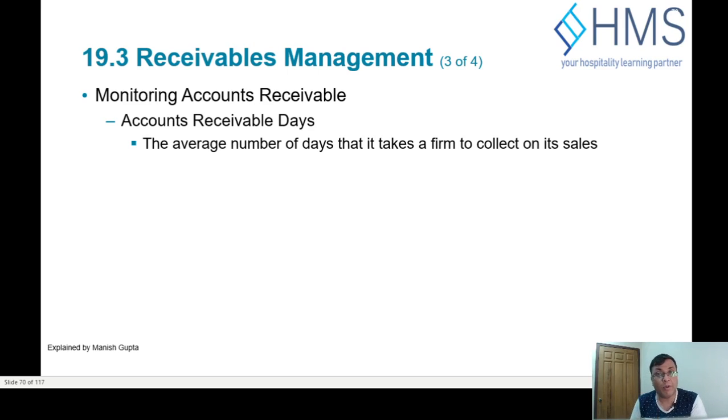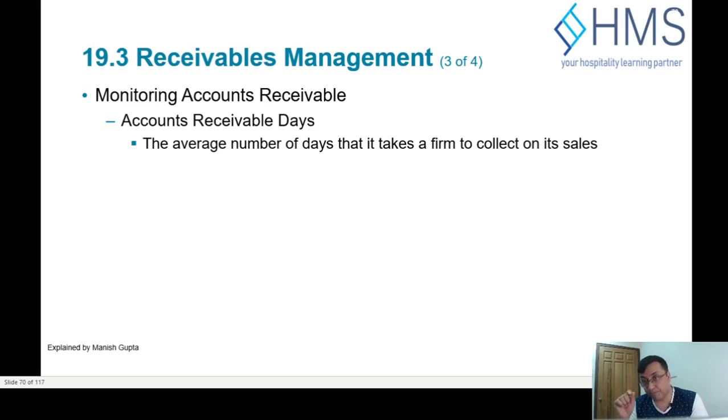The problems might be that you are sending late bills, or you are not following up, or the money is collected but not deposited with the company, because maybe it's a post-dated check, or cash kept by the employee in their cash drawer but not reported to the company. So there are possible problems. You first have to understand whether there is a problem, and the problem will be monitored by account receivable days.